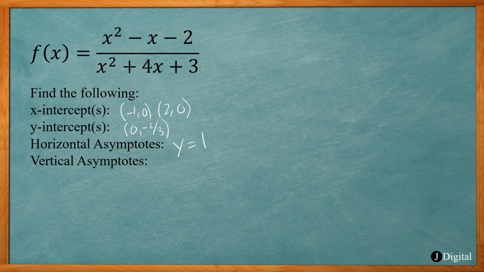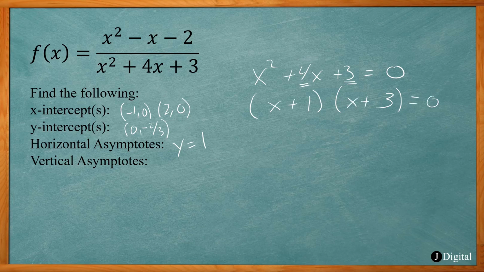Now for the vertical asymptotes, we're going to look at our denominator, x squared plus 4x plus 3. When that is 0, we're going to have a vertical asymptote. So we're going to factor. We want two numbers that multiply to give us 3 and add up to 4. So that's going to be 1 and 3, both positive.